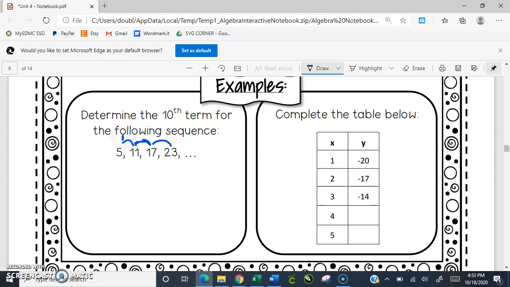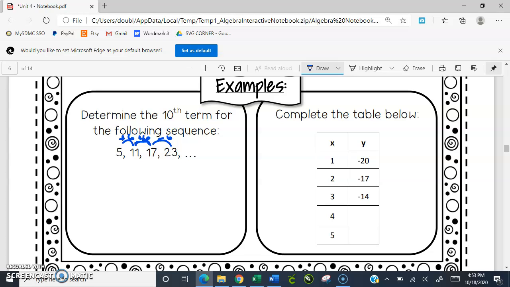So right here we have plus 6. 11 plus what gives you 17, or 17 minus 11 is 6. 17 plus what gives you 23, or 23 minus 17 gives you a positive 6. They want us to find the 10th term, and they've already given us 4 terms. So we need to find 6 more terms.